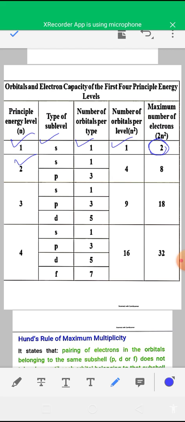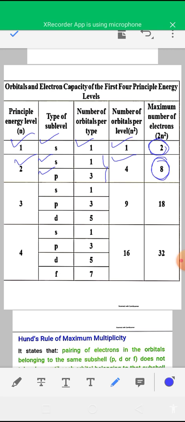In the second shell, 2s and 2p subshells are present, and the total number of orbitals is 4, one s orbital and 3 p orbitals. So the total number of electrons in the second shell will be 4 into 2, that is 8, because each orbital can accommodate a maximum of 2 electrons.